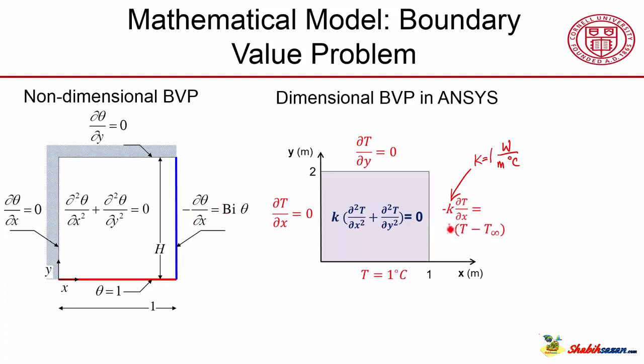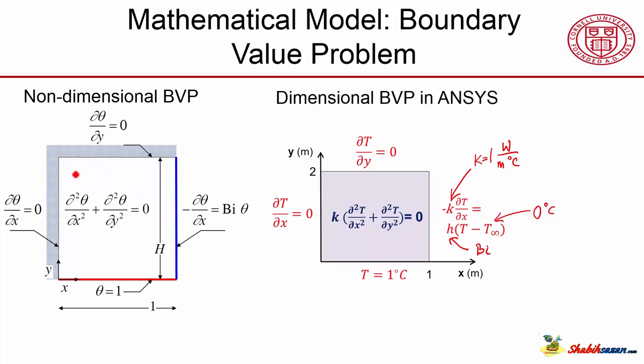And the right-hand side I will set h equal to the Biot number that I'm given, and I'll set the temperature of the fluid to be 0 degrees Celsius. When I do that, this boundary condition looks exactly the same as that.